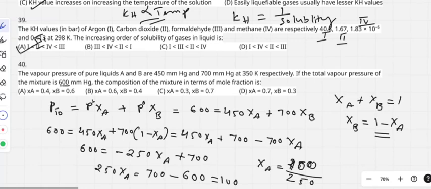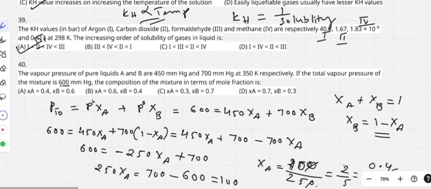The zeros get cancelled. 5 twos are 10, so it is 2 by 5, which means 0.4. XA is 0.4.